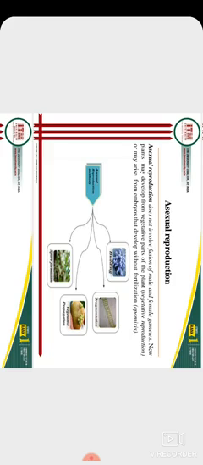So asexual reproduction does not involve the fusion of male and female gametes, or gamete formation takes place without the fusion of male and female gametes and fertilization. These two processes don't take place in asexual reproduction.